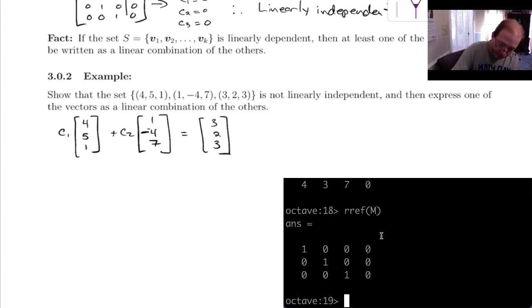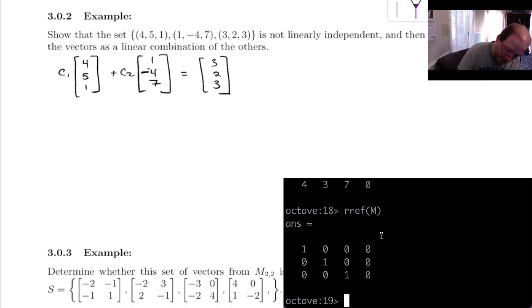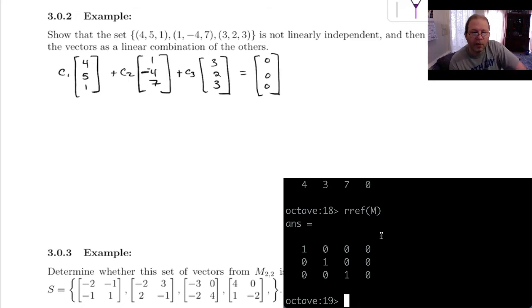All right, so I can rewrite that as an augmented matrix. Oh, wait a second. That's not what I want to do, because first up it's saying show that they're not linearly independent. So I need to set up the 3 of these like that, and I need to show that this has more than one solution.